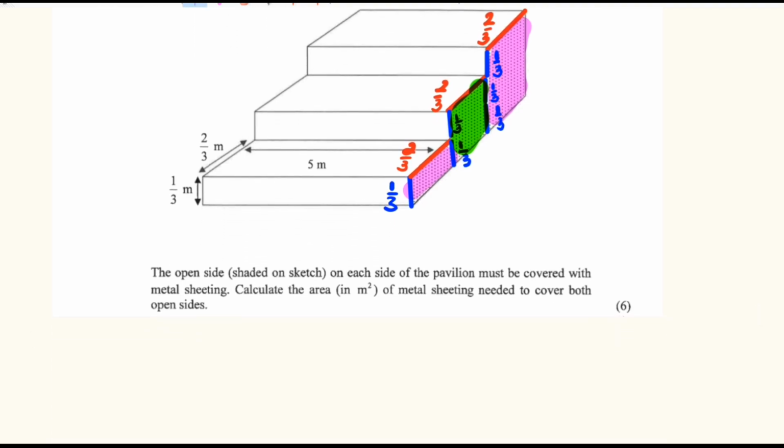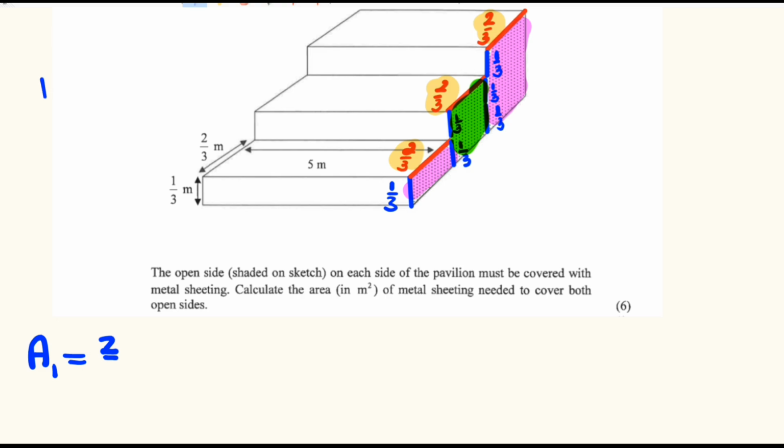So we have area number 1 for the first step, which will be equal to the tread multiplied by the rise, and the tread for all of them is 2 over 3.